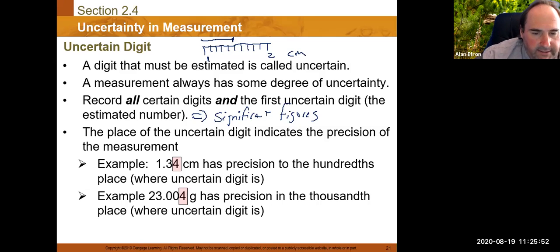Now, when we look at this, we want to look at how many small markings there are between the two big numbers. The big number here is 1, the next big number is 2. In between, there is 1, 2, 3, 4, 5, 6, 7, 8, 9, and 10 markings. So there are 10 little markings between 1 and 2. That means that each marking represents, in this case, 0.1 centimeters.